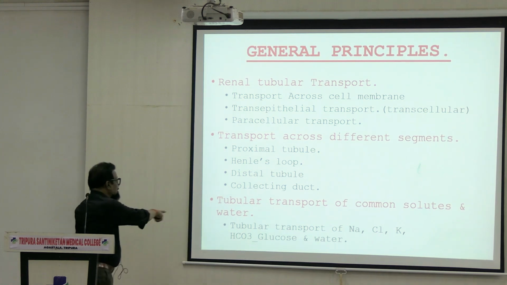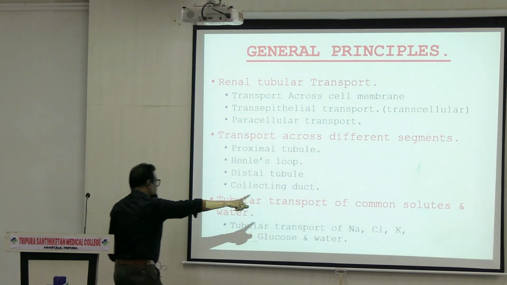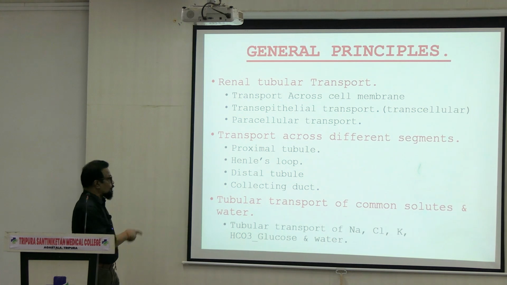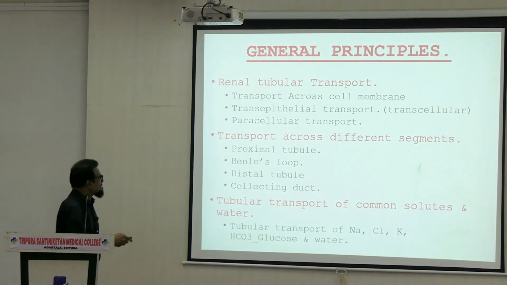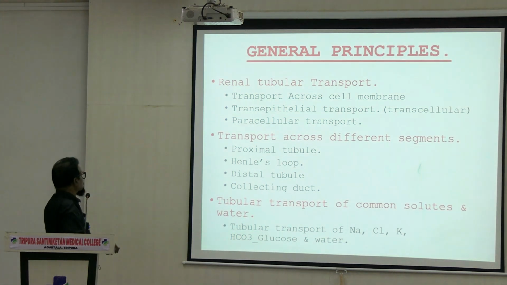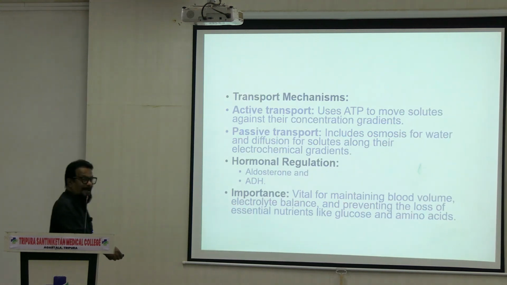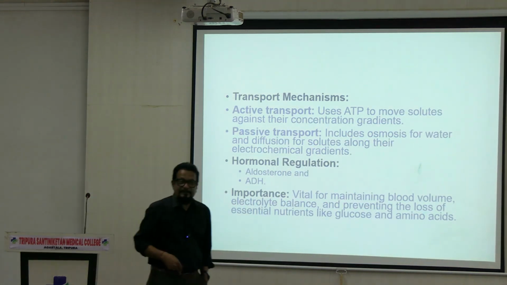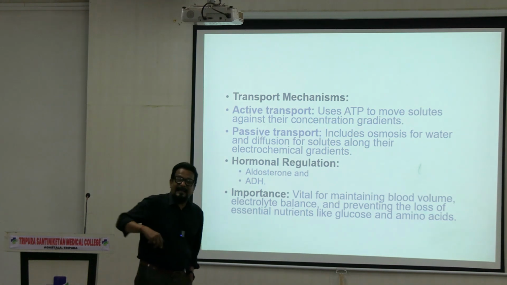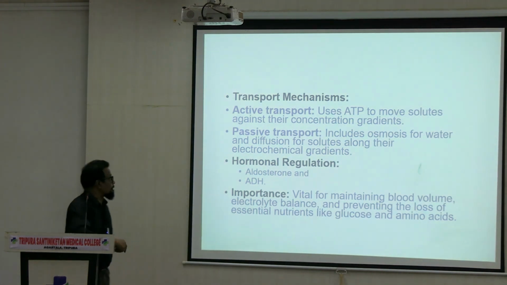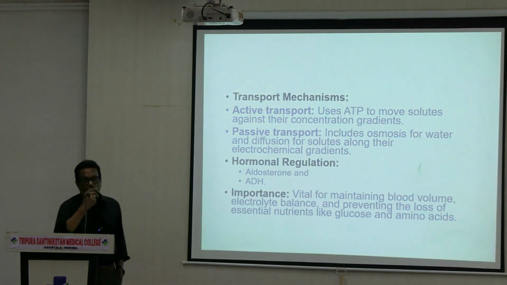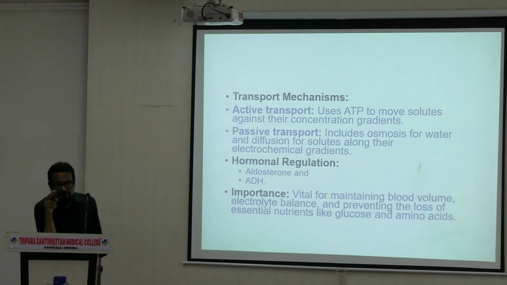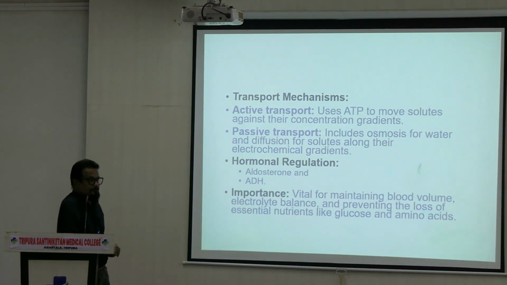Okay, tubular transport of common solutes and water. What are these? Sodium, chloride, potassium, bicarbonate ion, glucose, amino acids, and water. These are the things actually transported. Okay. And two mechanisms are involved: one is passive, another is active, mainly active transport. Okay. And two hormones basically control this reabsorption process.